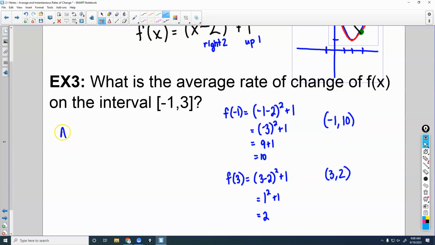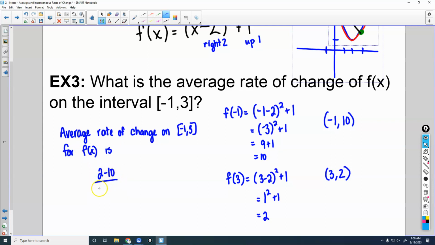So the average rate of change on [-1, 3] for f of x would be, we're just doing the slope formula, (2 minus 10) over (3 minus -1), which is going to give you -8 over 4, which will give you -2.